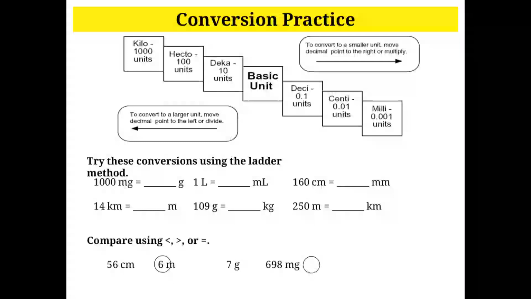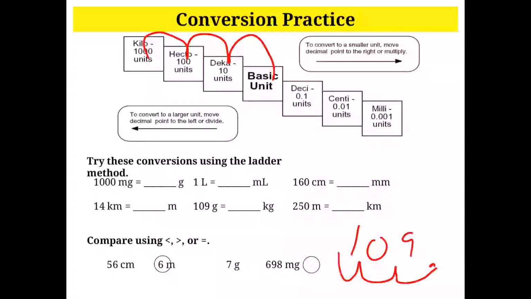That's 3 spots to the left. 1, 2, 3. With the implied decimal again, it's really 109.0. Now we go 1, 2, 3, so the answer is 0.109. That's all we have left, 0.109 kilograms.